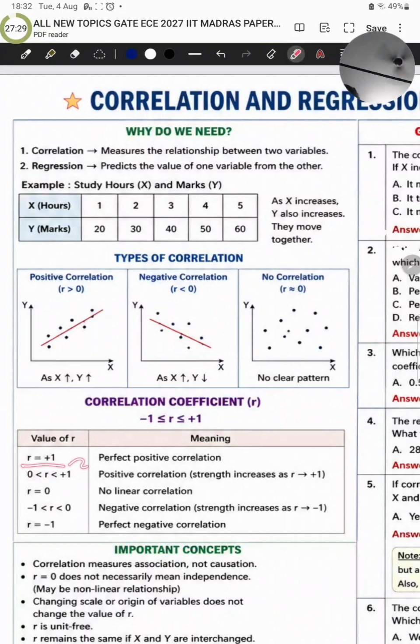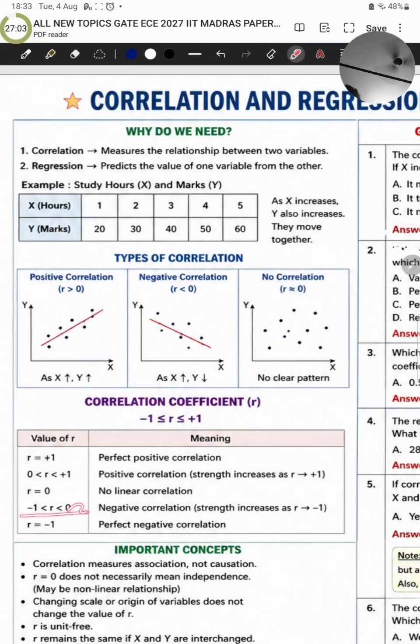r equal to +1 means perfect positive correlation, and if r is from 0 to +1, then it is positive correlation. Strength increases as r tends to +1, and r equal to 0 means no linear correlation.